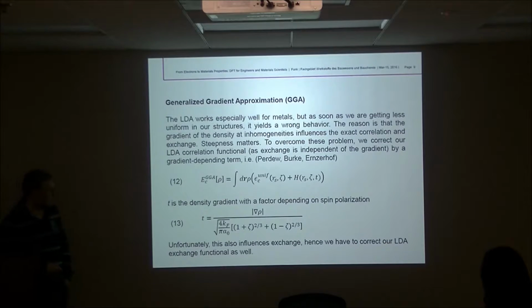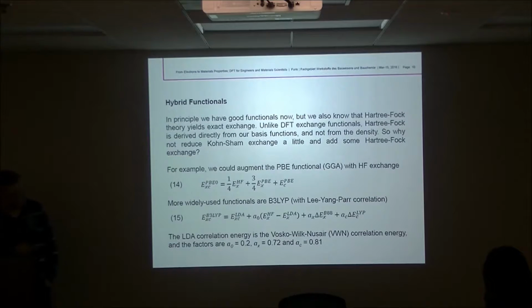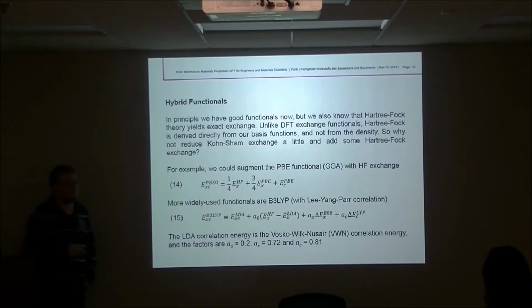It's like you're driving and you find out that the street is not so perfect. You correct in one direction, but a little bit too much. You find out, okay, that's also not good, and you go back a little bit. So this is a little bit problematic, but it works.